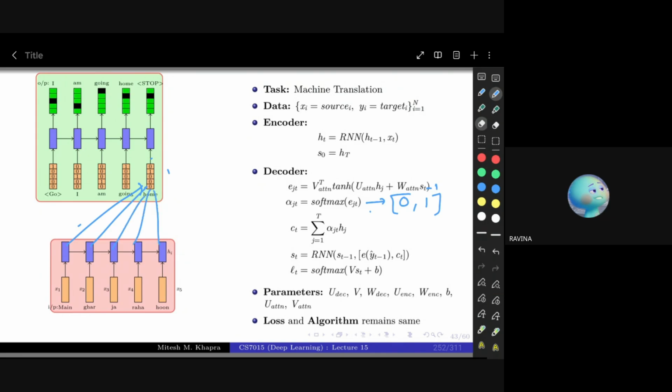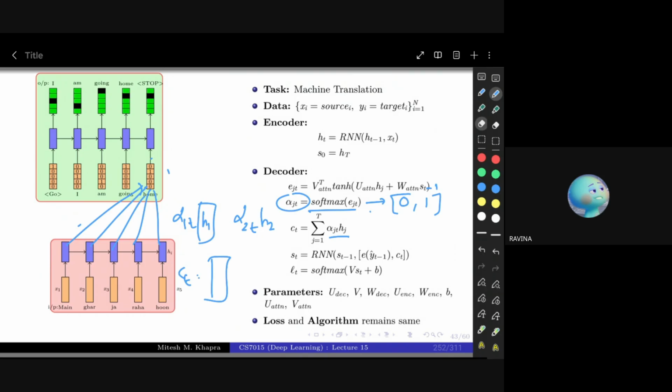This contribution is the softmax of e_jt, which I call alpha_jt. I multiply each h_j with that number: H1 with alpha_1t, H2 with alpha_2t, and so on. If I sum all of this, the final embedding I get, I'll call c_t. This is called the context vector.